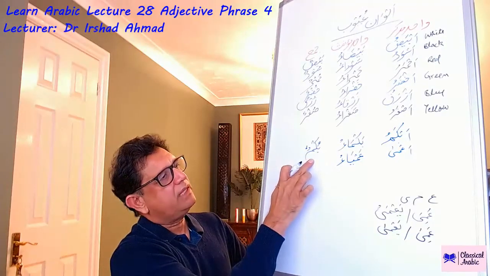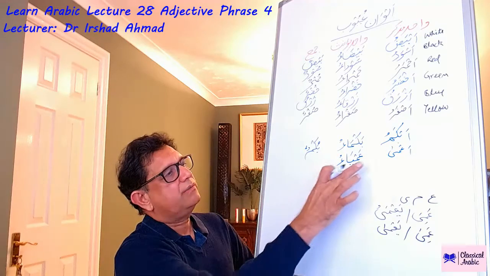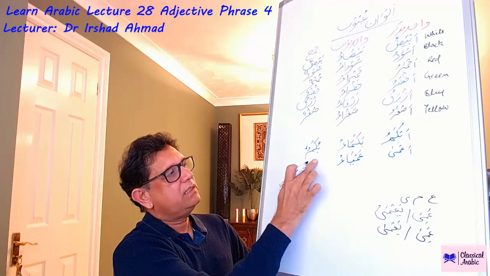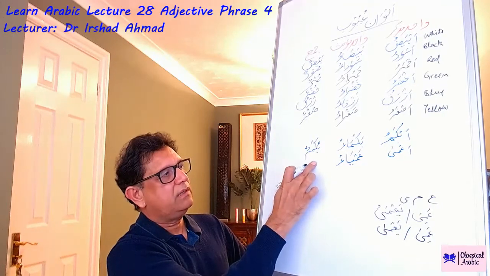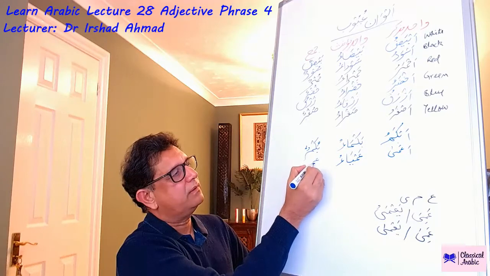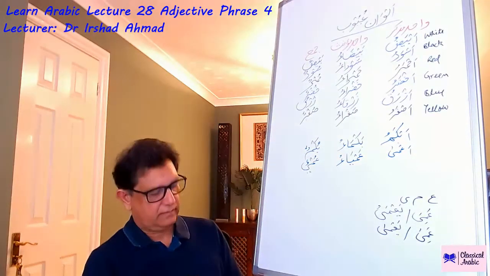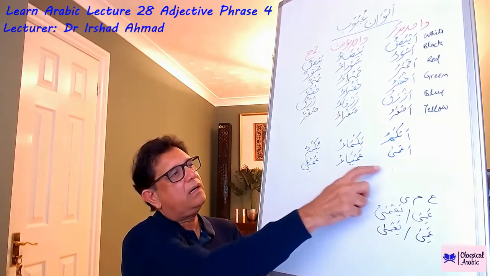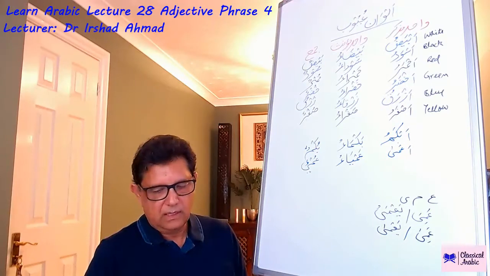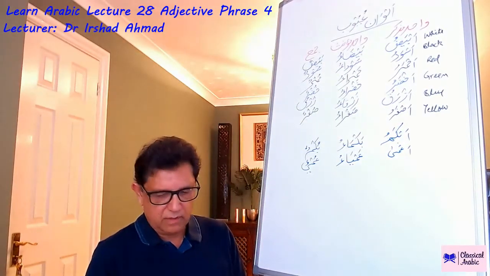And many of them, that basically means blind. So you've got that blind man, that blind woman, and many men or women who are blind, that will be umyun, on the pattern of fu'lun. So a'ma, amya'u, umyun.